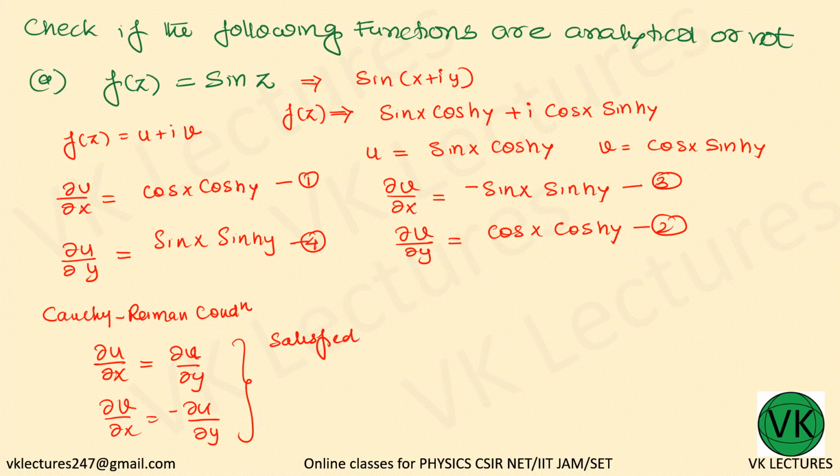We have also seen that all the first derivatives, dou u by dou x, dou u by dou y, dou v by dou x and dou v by dou y, exist, which means f dash of z exists. So this is an analytical function.